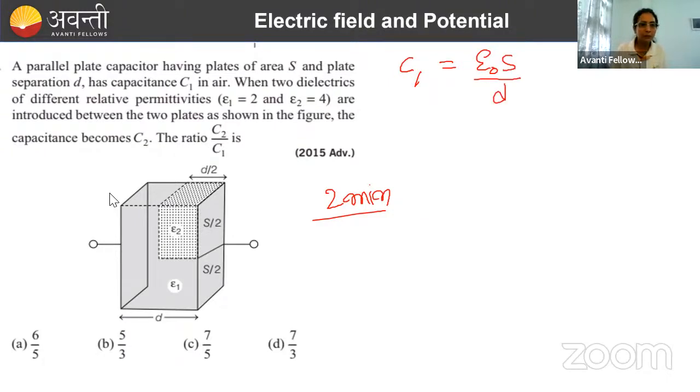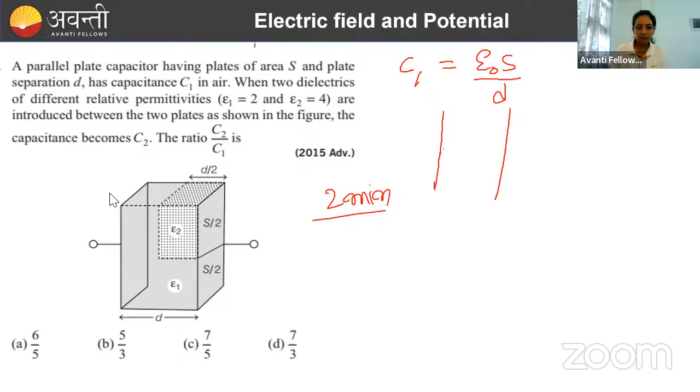Now, two dielectrics of different relative permittivities, 2 and 4, are introduced between the two plates as shown in the diagram. So first you just draw the parallel plate capacitor. Here, this dielectric is kept up to distance d by 2.